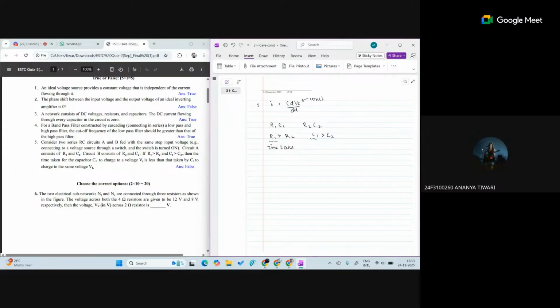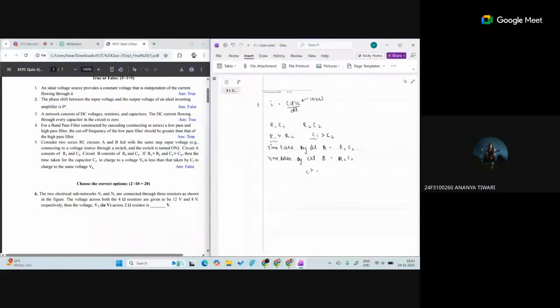So time taken by circuit A would be R1 into C1. We can find it from the time constant formula also. So RC would be greater because, wait, first we can write time taken by circuit B would be R2 C2.